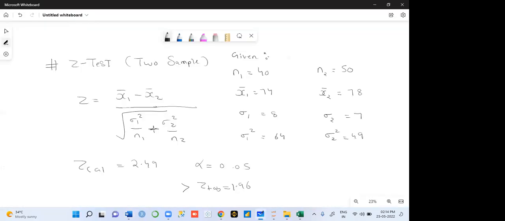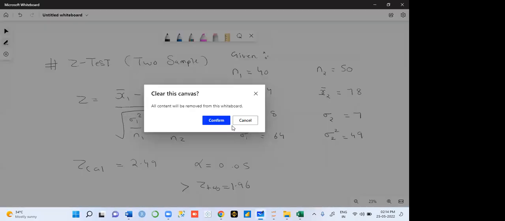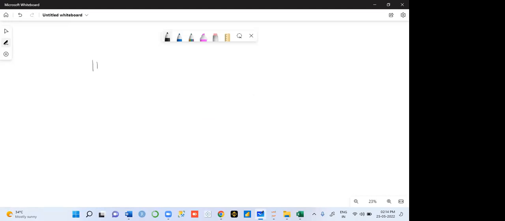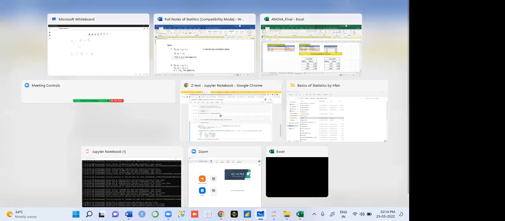In our case, we have two districts, A and B. So first we assume that whatever is produced by A is equal to B. In H1, we say whatever we produce in A is less than B. So guys, this is similar to one.